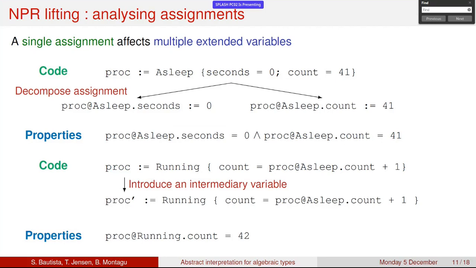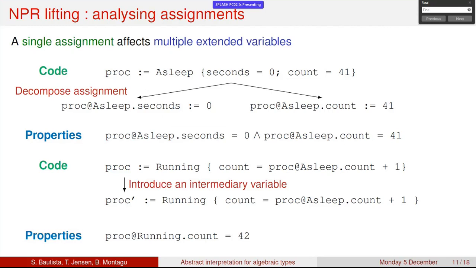Here, for example, when we assign to variable proc, we introduce an intermediary variable that might be called, for example, proc prime, which must be fresh to the program. And this allows us to do 2 things. This allows us to keep separate the extended variables before and after the assignment, so that they don't get mixed up. And it also allows us to exploit the information before the assignment, even though it will disappear.